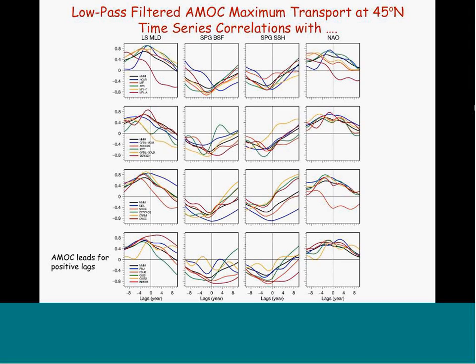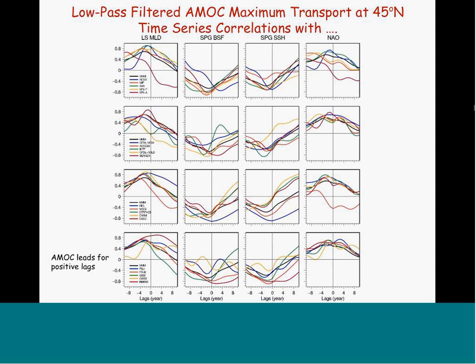These are low-pass filtered AMOC maximum transport time series correlations with, again, Labrador Sea mixed layer depth. We don't use boundary layer depth in these cases because every model has a different definition. They don't necessarily do the boundary layer, but we use the mixed layer depth. Then the barotropic stream function in the subpolar gyre, and NAO.